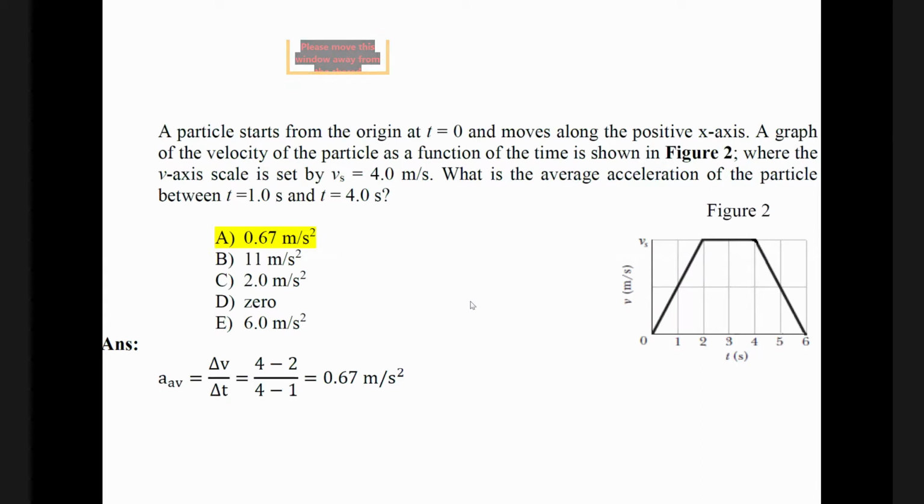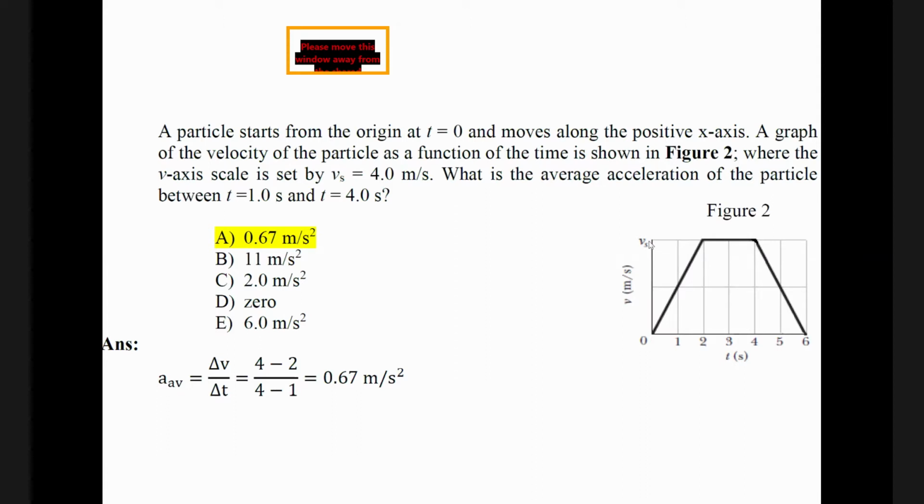This is a question on chapter 4 and chapter 2. So let's read together and discuss these questions. A particle starts from the origin at t equals 0 and moves along the positive x-axis. So this is motion in one dimension. A graph of the velocity of the particle as a function of time.